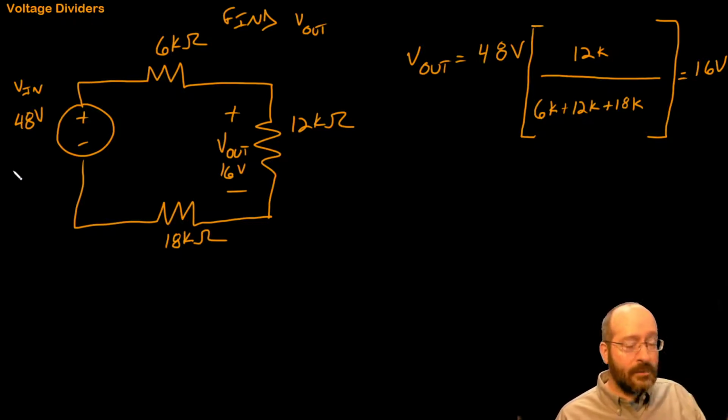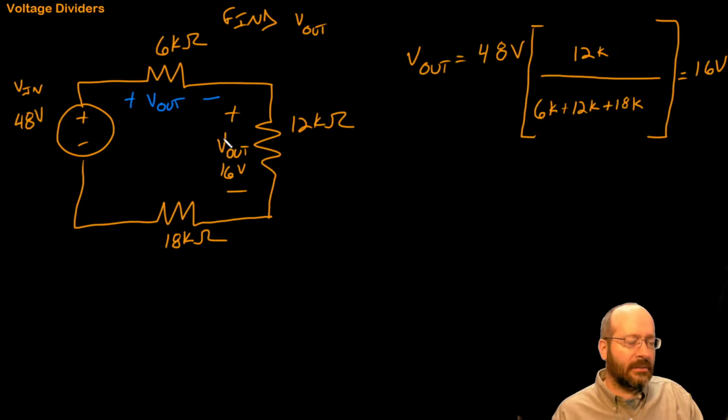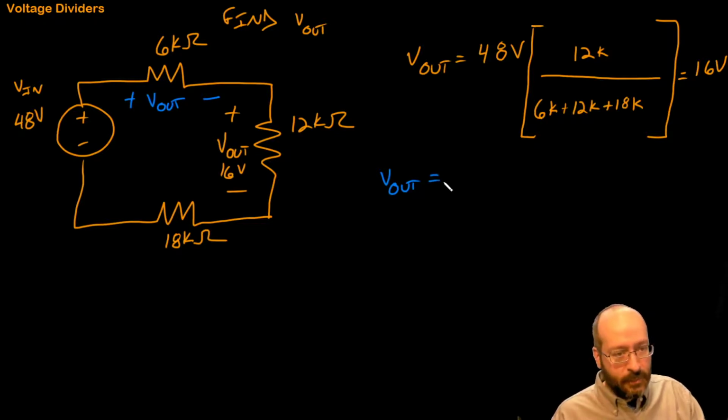Now, if we want to go find other voltages, I copied that, but I think I want to change the color, so we'll end up writing it again. If I want to go find the voltage across this, I didn't call it V1, V2, and V3. Maybe I should have, but I'll use different colors now. And we can say V out, if we're looking for the blue V out, everything's going to be the same.